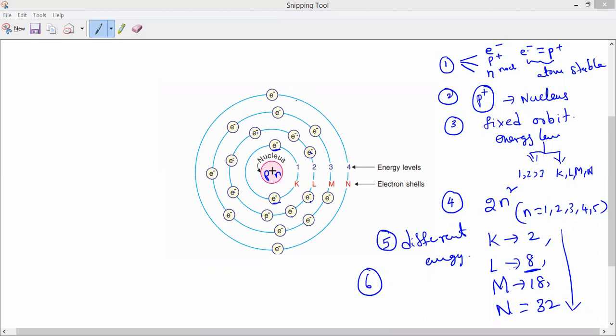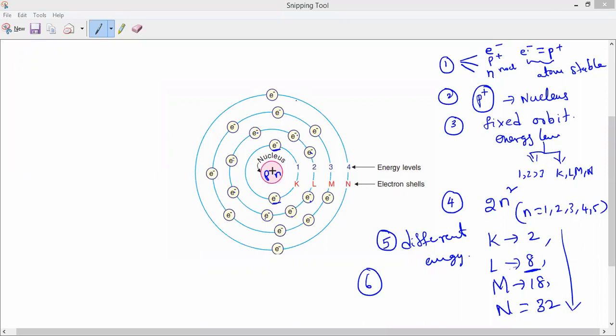Or else scattering of alpha particles, understanding. And also it is the identification of the center of the atom, called the nucleus. So it happened with the help of Rutherford's alpha particle experiment only.